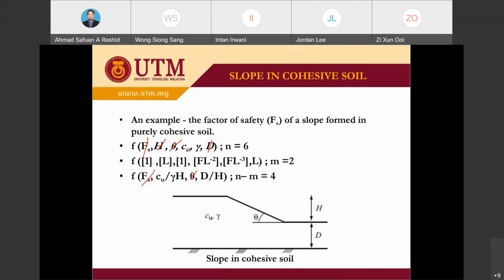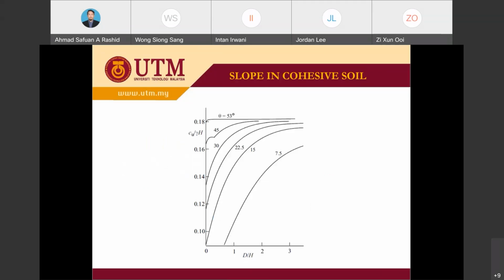So for this case, Cu and gamma, we need to add either H or D. In this case, it looks like H is most important for the researcher, so he referred to H as the main concern from his investigation. So from this parameter or equation, later on, he developed this kind of equation or chart.